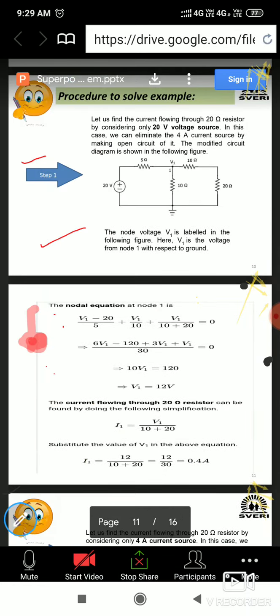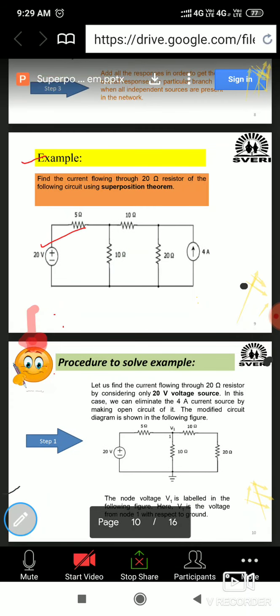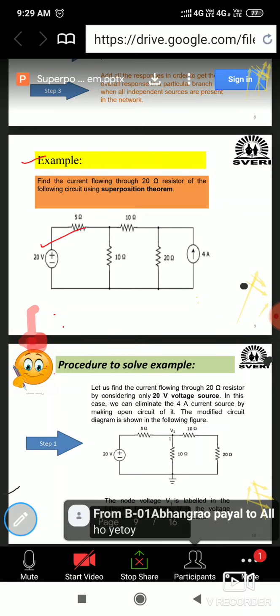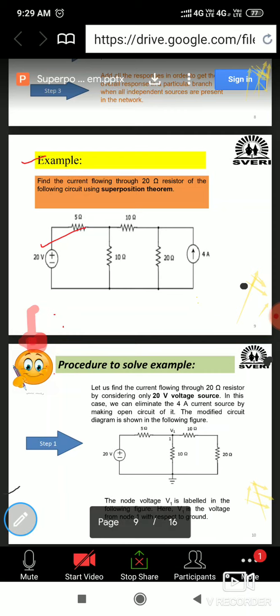Now we will come to the example. Find the current flowing through the 20 ohm resistor of the following circuit using the superposition theorem. Before applying, note that they told us to use the superposition theorem, so you have to use the superposition theorem only.